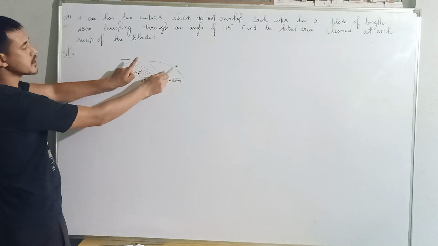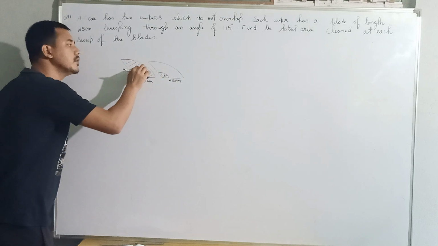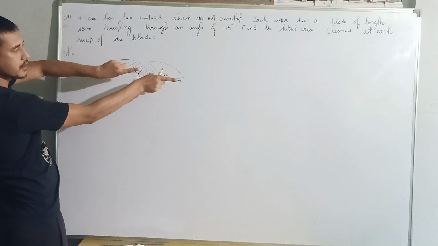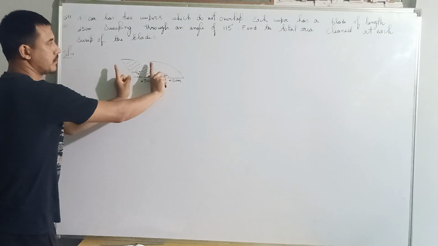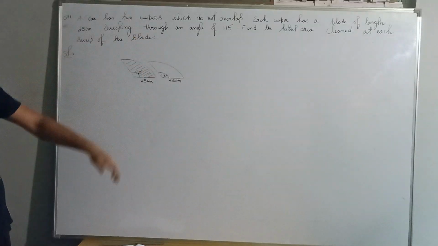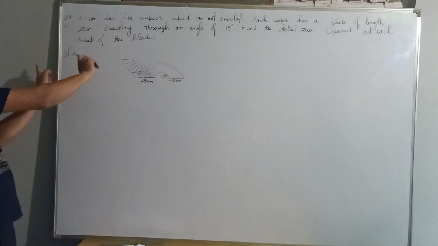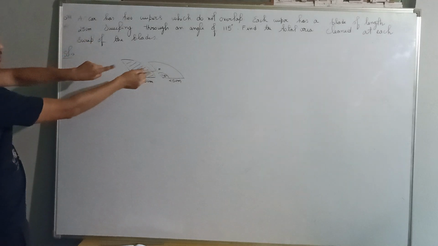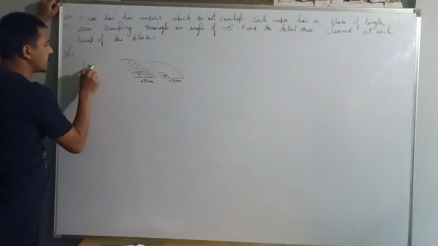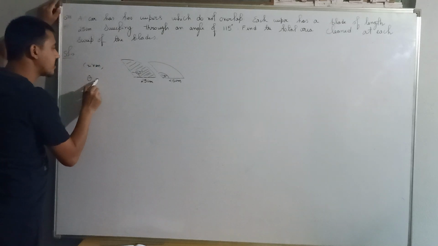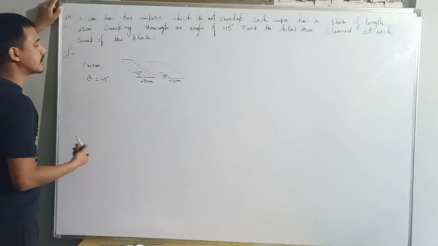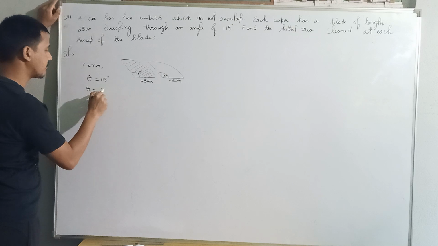So in one sweep, it is covering two equal sectors. You have to find the total area cleaned in one sweep. It's given that the angle of the sector is 115 degrees and the length of the blade is the radius, so radius is equal to 25 centimeter.